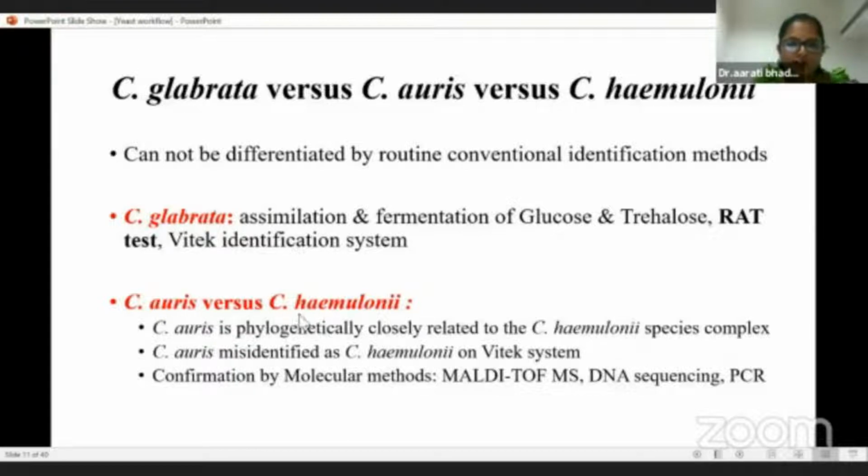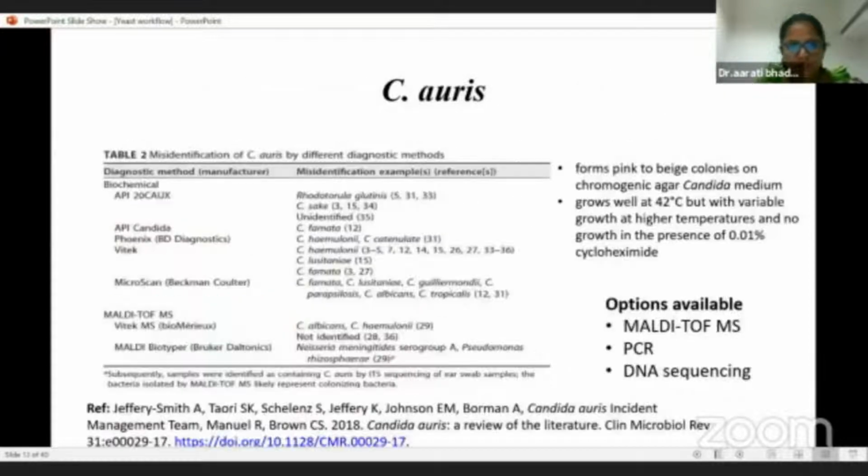But Candida auris versus haemulonii, we have to do by molecular methods only. Candida auris is phylogenetically closely related to the Candida haemulonii species complex. Hence Candida auris is misidentified as Candida haemulonii on the Vitek system. So confirmation by molecular methods is necessary, like MALDI-TOF MS, DNA sequencing and PCR can detect Candida auris.